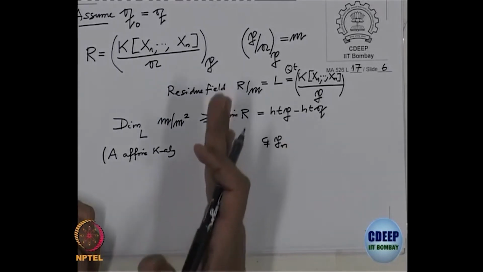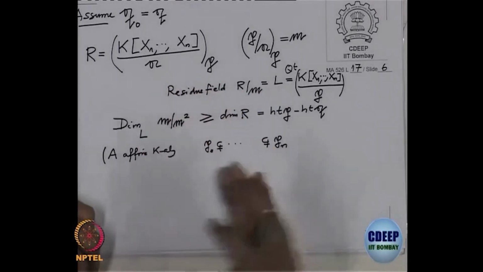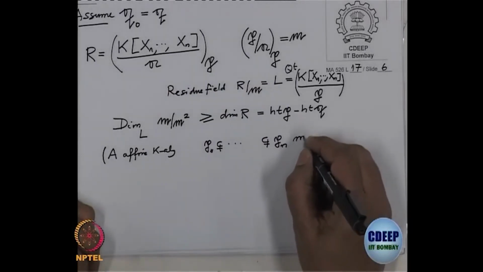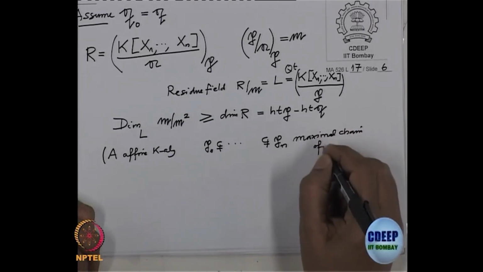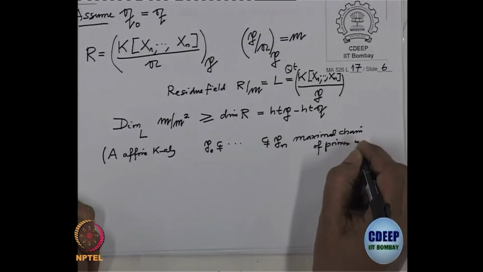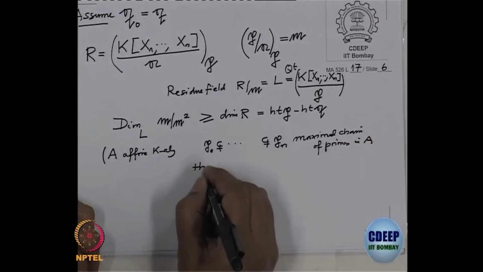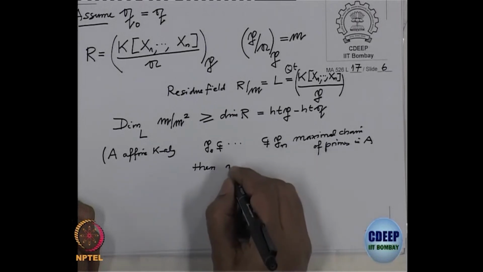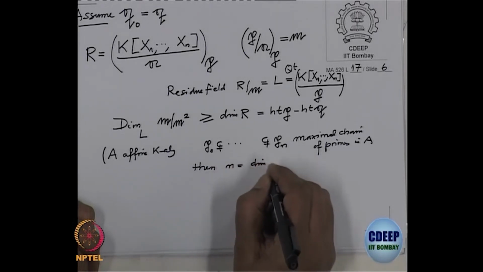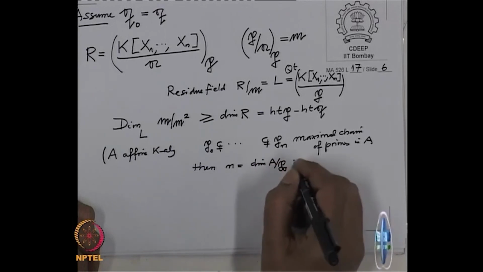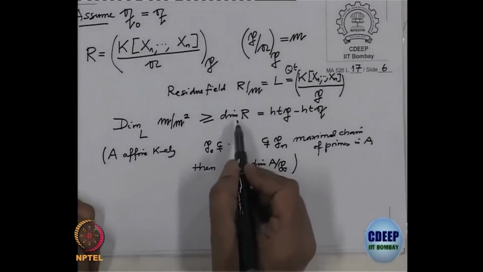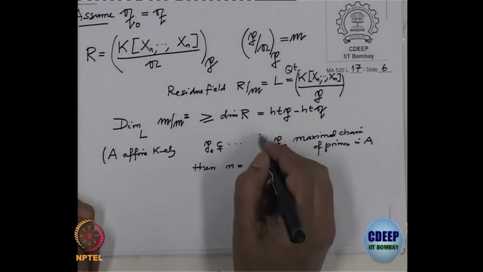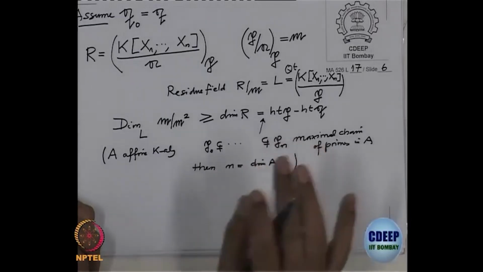Maximal means you cannot insert any more prime ideals in between. So it is a maximal chain of primes in A, then this n must be equal to the dimension of A by P naught. This we would have deduced from Noether's normalization lemma long back, right. If you use this, then you also get this equality here. Okay, so that is the dimension.